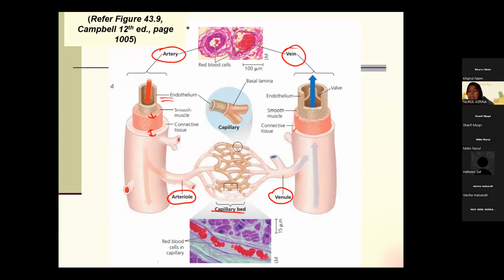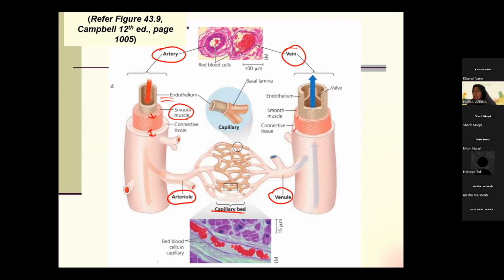But you can see the difference is in terms of thickness. The outer layer of the artery is thicker compared to the outer layer of the vein. Similarly, the second layer of the artery is thicker compared to the second layer of the vein. Okay, so this is an overview.